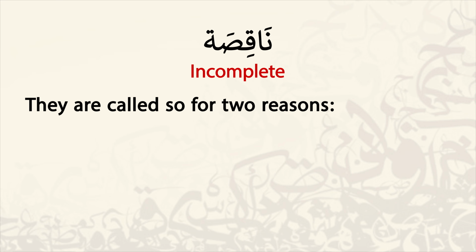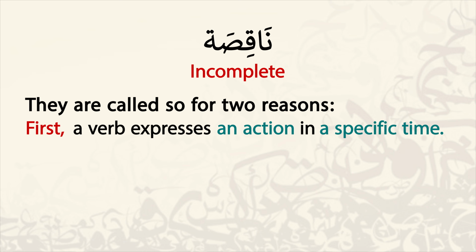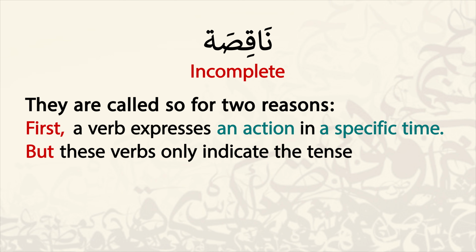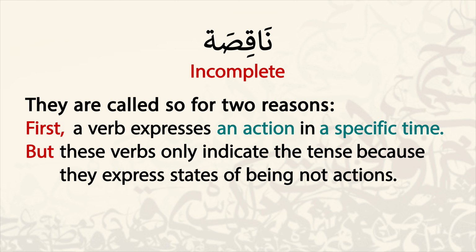The word ناقصة means incomplete, and they're called so for 2 reasons. First, for a verb to be complete, it needs to express an action in a specific time, so a verb needs both an action and a tense. But these verbs only indicate the tense with no action because they express states of being, not actions.